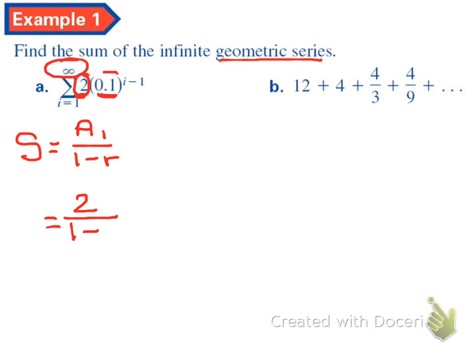The rate is the 0.1. Punch this into your calculator and simplify, and you'll find that the sum of this series will be 20 over 9.